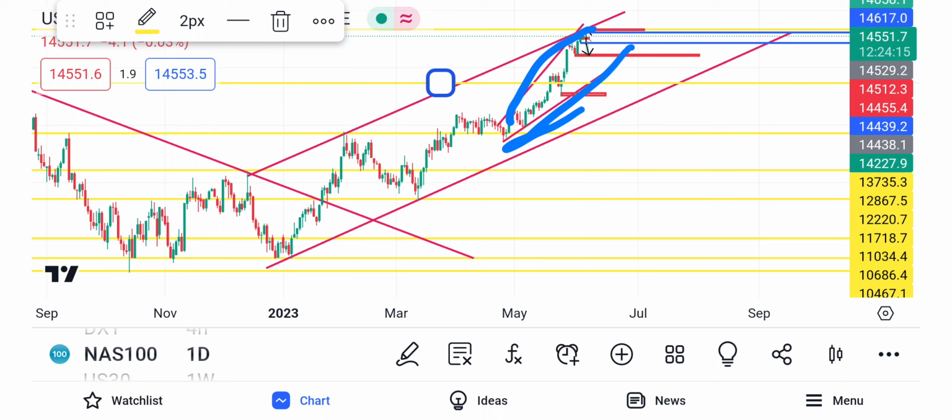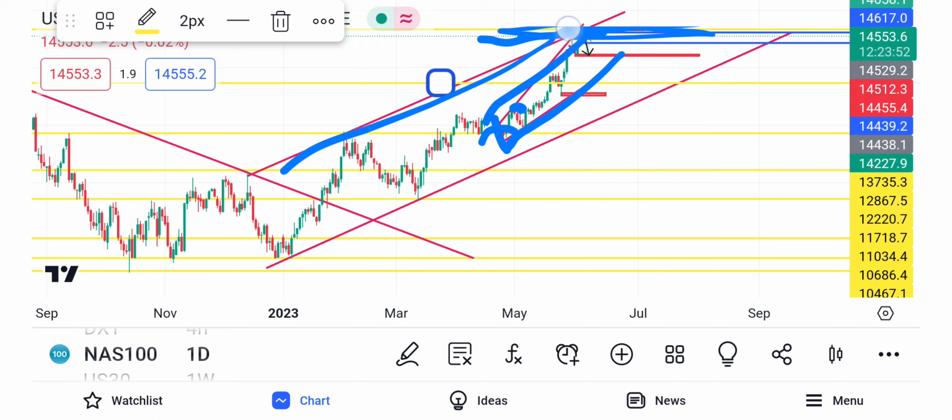The only thing I saw on a daily time frame was this uptrend line. I also saw that this one was the first touch, second touch, third touch. So it means that this area is a confluence zone, because there's this resistance line, there is this uptrend line, and there's also this uptrend line.